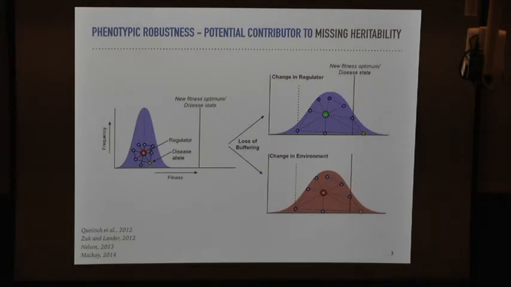The buffered state means that the network of genes regulating a phenotype is under a regulator which doesn't allow the mutations present in the population to be expressed as novel phenotypes.